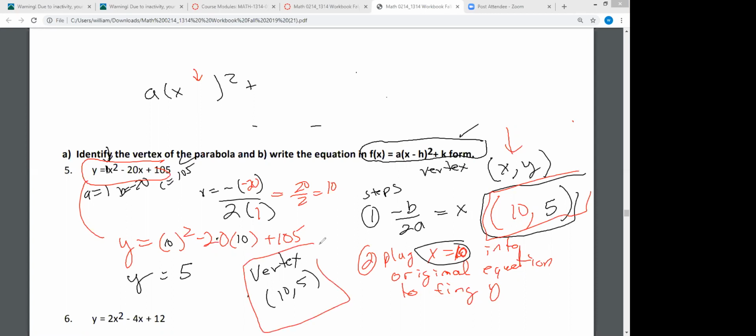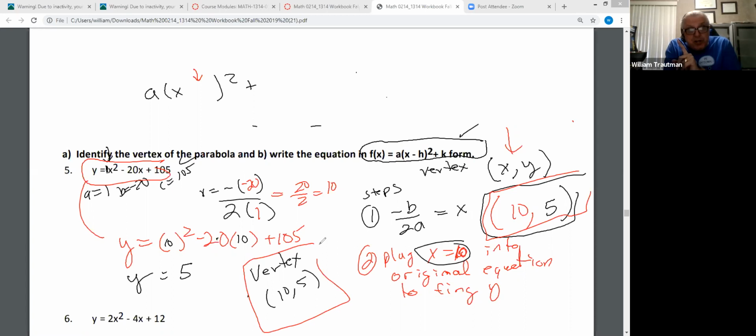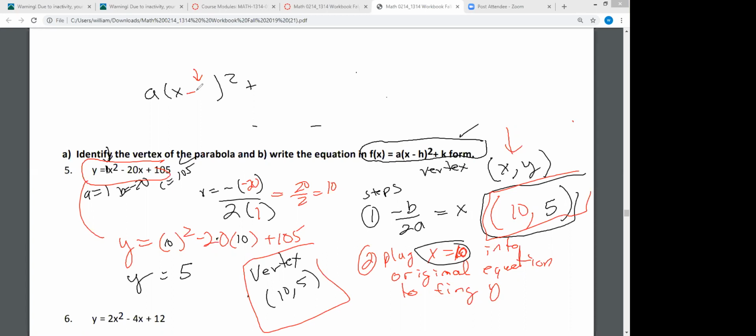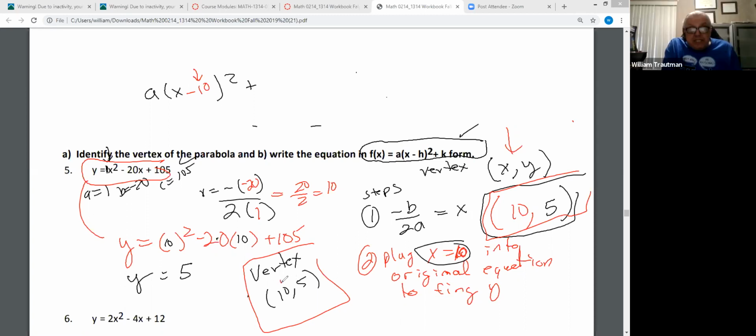It's close to 10. -10. Remember, it's always the opposite sign of the vertex inside here. If the vertex is actually 10, then inside here it's -10. Now the y part is going to be the same sign, 5.